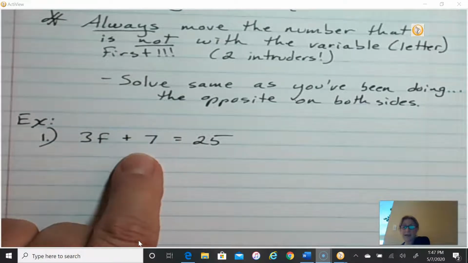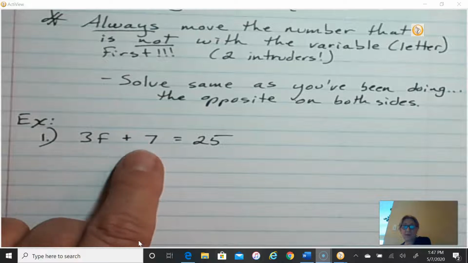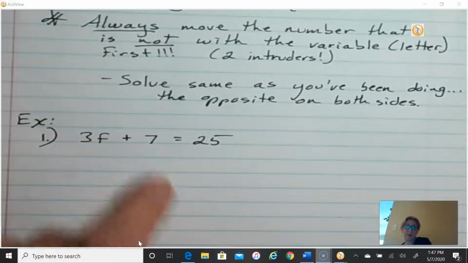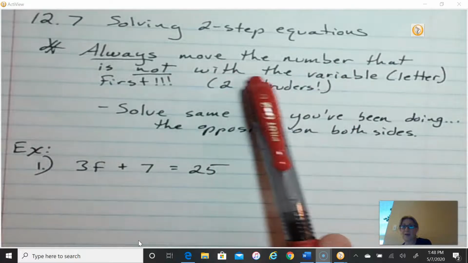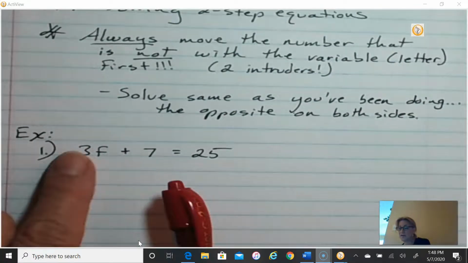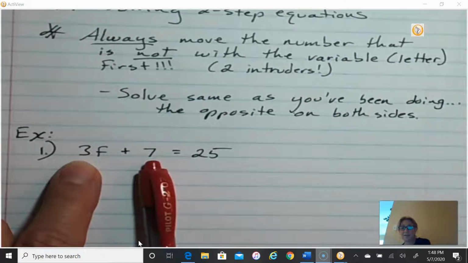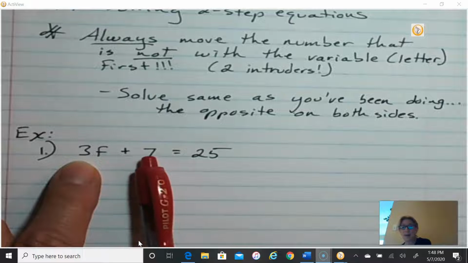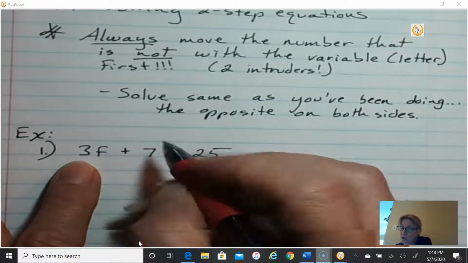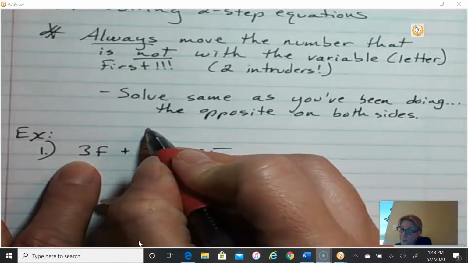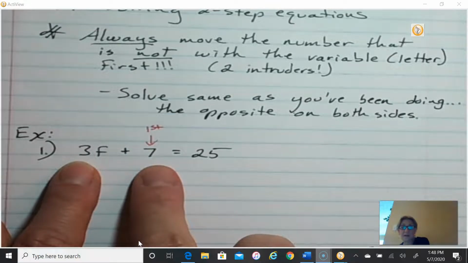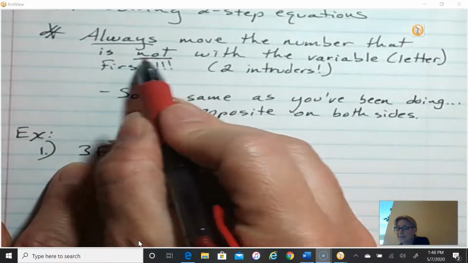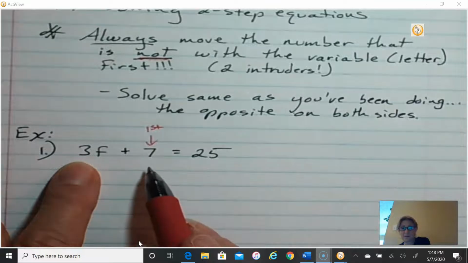Now, because it's two-step equations, we've got that extra number there. Remember, always move the number that is not with the letter first. We have a 3 and a 7. The 7 is not with the letter, so we're going to move it first.